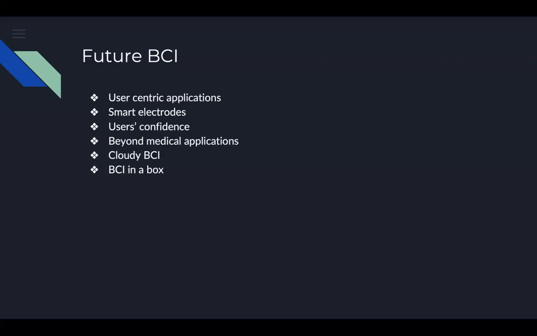So the future of BCI: user-concrete application. It means we need a user requirement, and we need to generate the results with respect to the user's expectation. User expectation means the user wants to know how many signals they are getting when they're thinking.